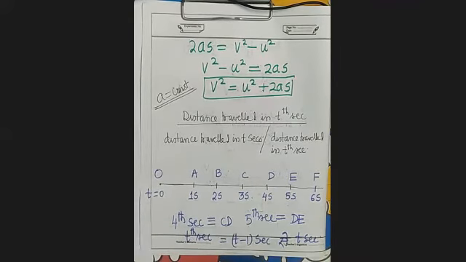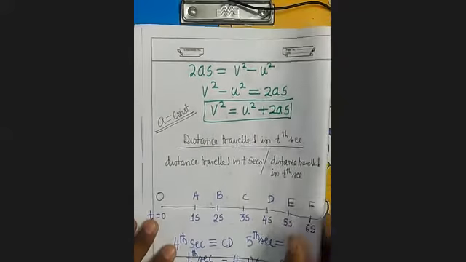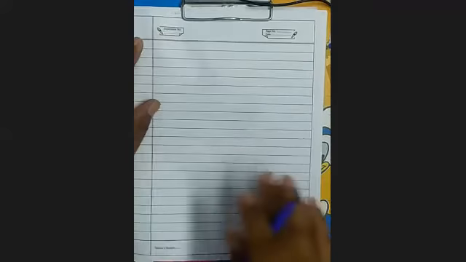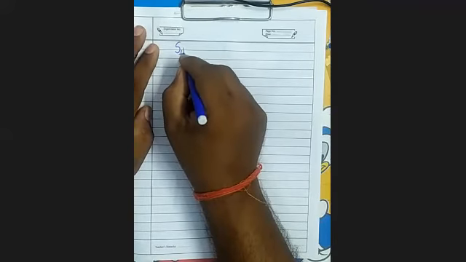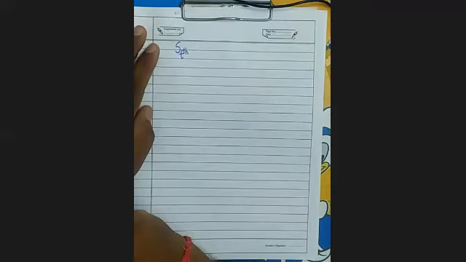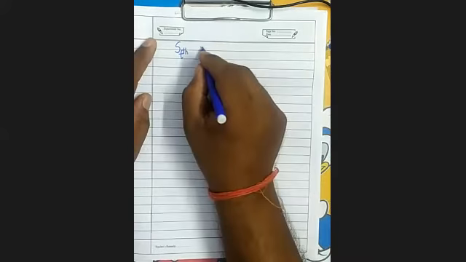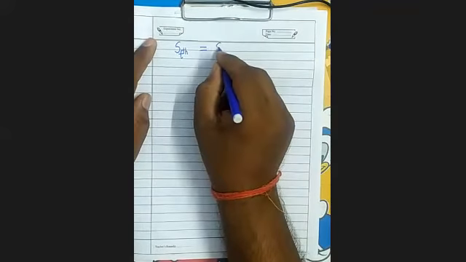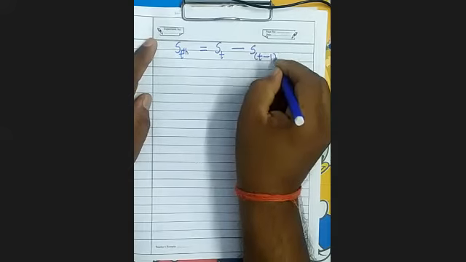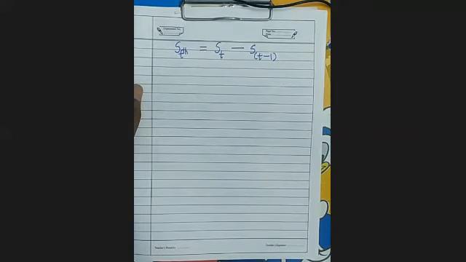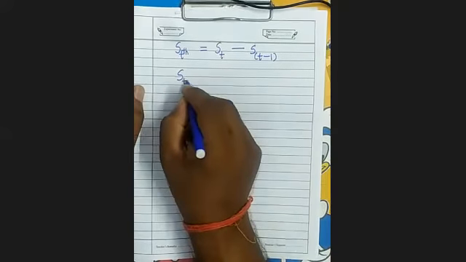So see here, how will you find the distance traveled in the th second? What is the formula? Distance traveled in the th second, S_tth, equals distance traveled in t seconds minus distance traveled in t minus 1 seconds. What is the meaning of S_t?